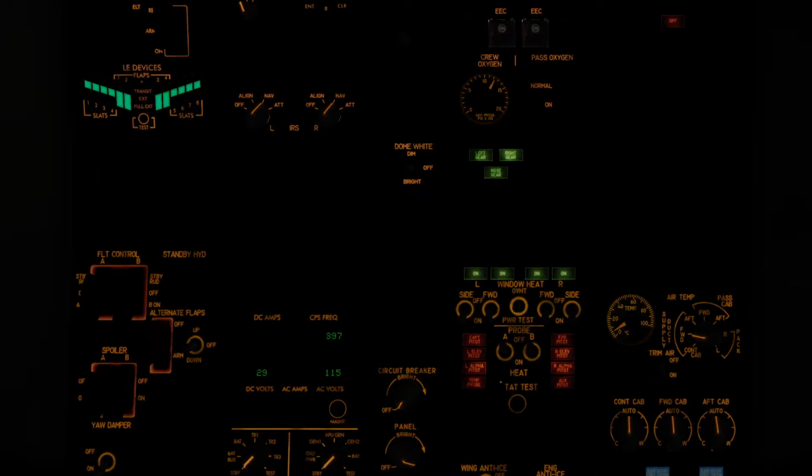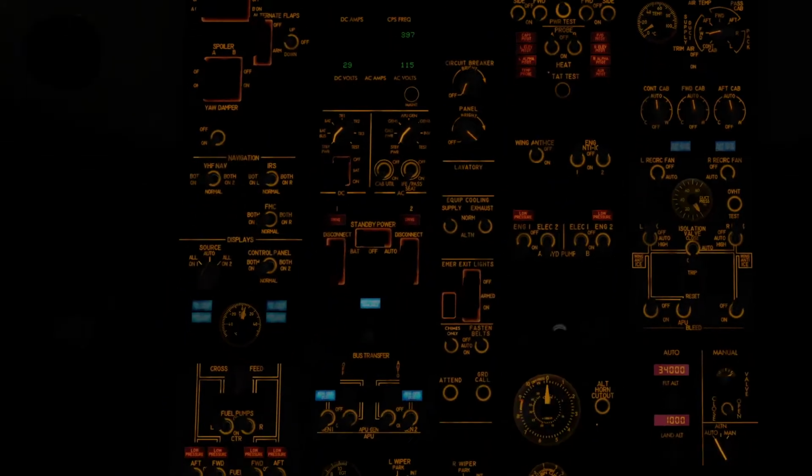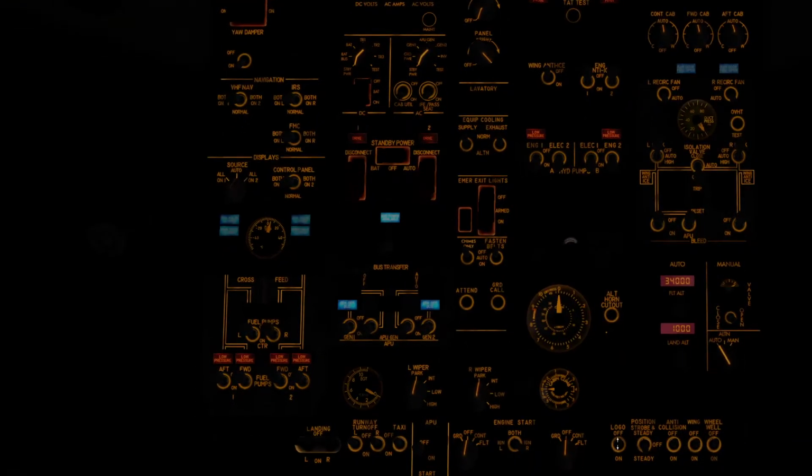We have no APU yet, so engine bleed and APU bleed off. We can have the logo light on, anti-collision light on, and that's it for the moment. So that completes our flight preparation before the pushback. See you sometime later.